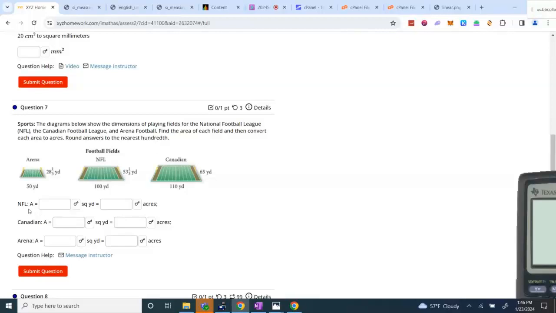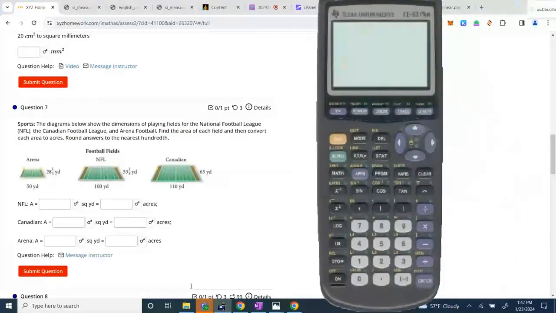All right, so for the NFL, that's going to be the middle one, right? So in order to find square yards, I'm simply going to multiply the length times the width, right? Now yours may be a little bit different, but I'm going to take 53 1/3. I'm going to convert that to an improper fraction.